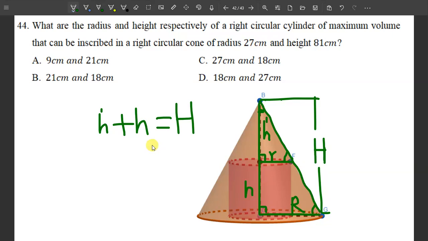That means this height H prime over the height of the bigger triangle, which is capital H, is equal to the ratio of the corresponding sides, small r over capital R. Therefore the ratio must be equal to the ratio of the heights of the corresponding triangles.